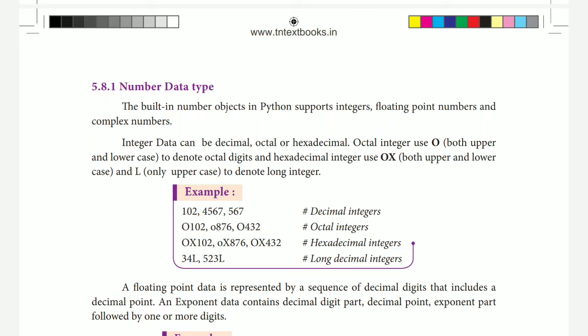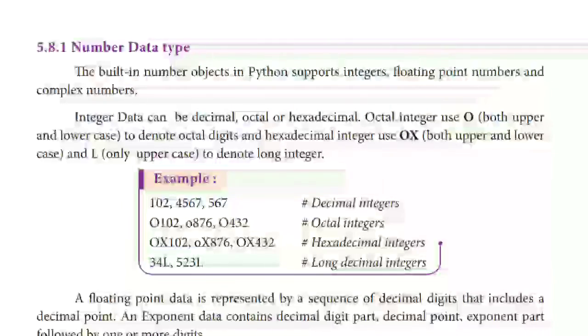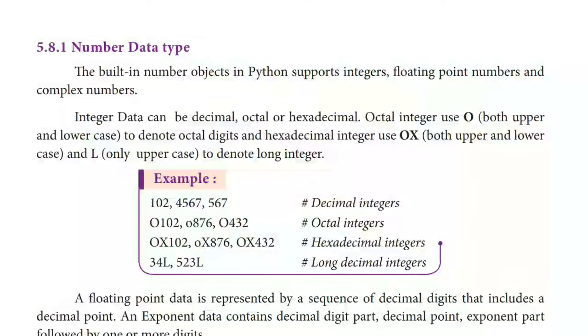Octal integer uses zero, both uppercase or lowercase, to denote the octal digits, and the hexadecimal integer uses OX, both upper or lower, and L, only upper, to denote large integer. Here you can see that they have given some examples to denote integer, octal, hexadecimal, and large integer.